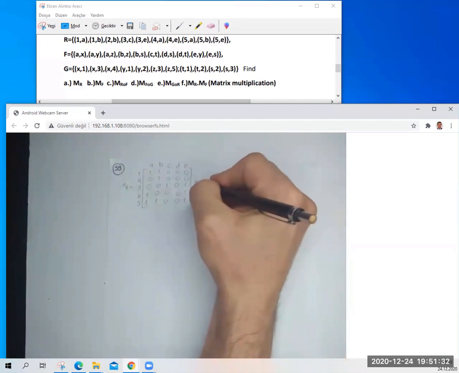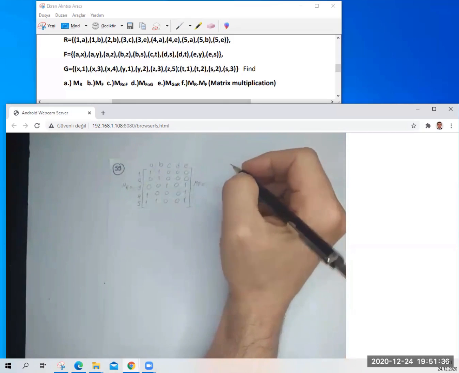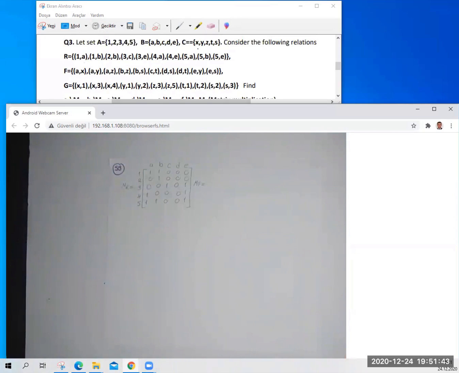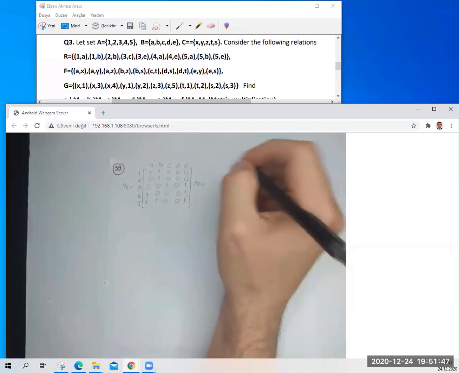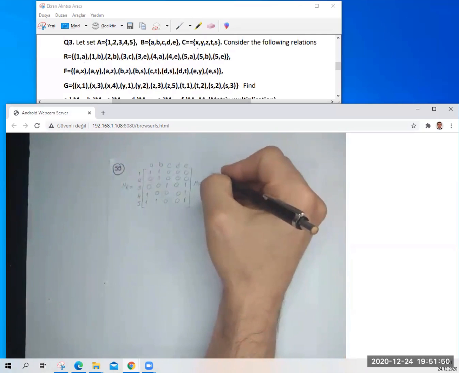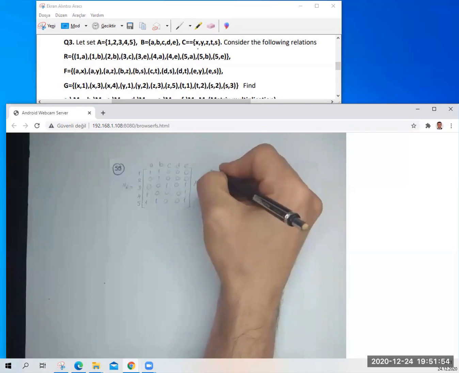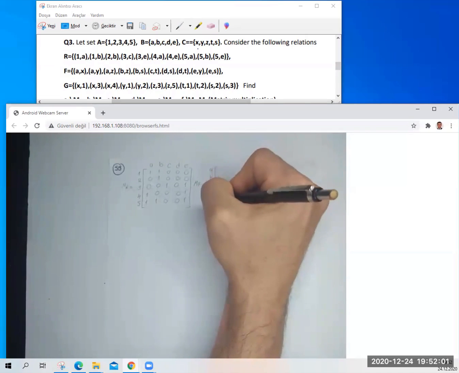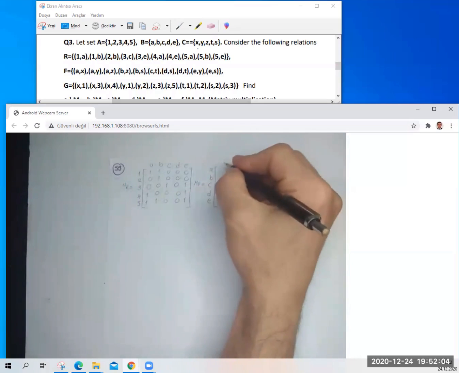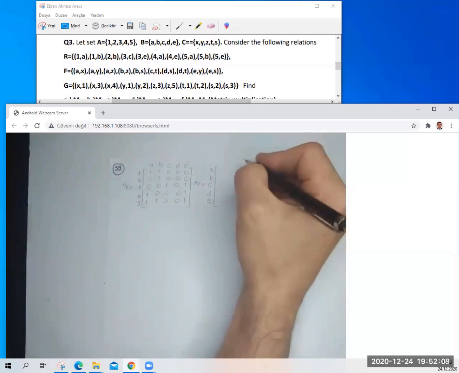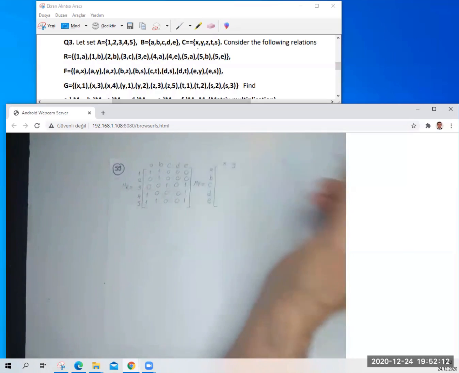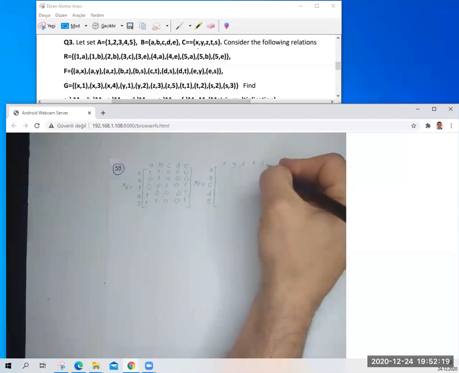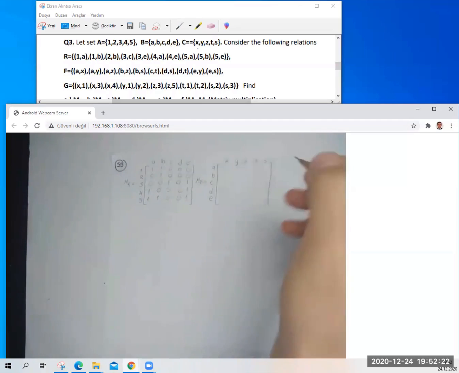And I have the relation matrix of F. Let's find the F relation matrix. It is from B to C. I have A, B, C, D, E as rows and X, Y, Z, T, S as the 5 members, right?